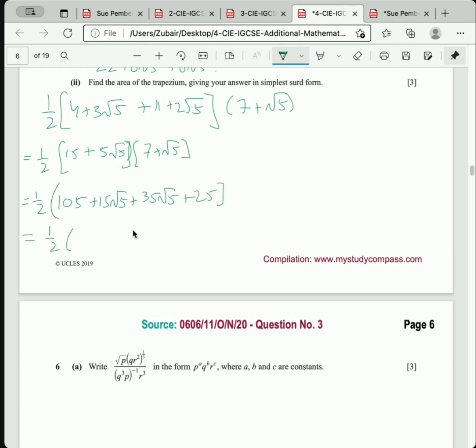1 by 2, 105 and 25 is 130, plus 15 plus 35 is 50 root 5, divided by 2 is 65 plus 25 root 5 unit square.